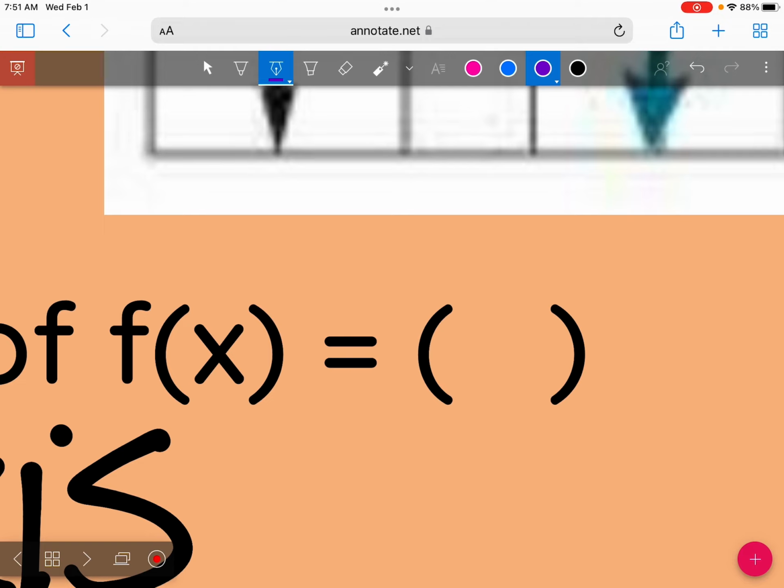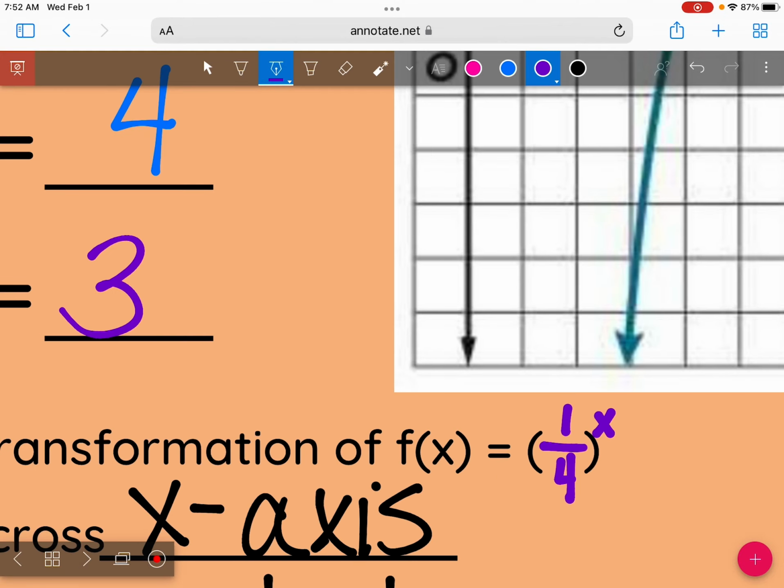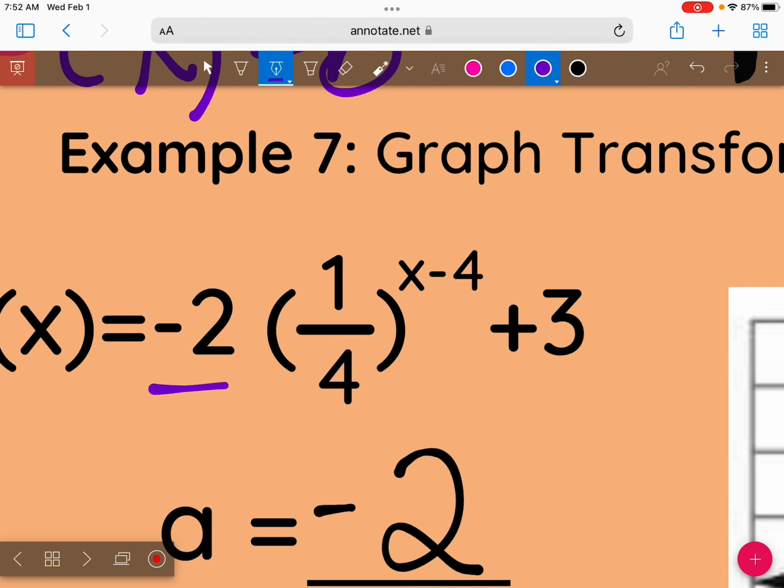Yeah, 1/4. 1/4 to the x is what we transformed from, okay? Does that make sense? The easy way to tell where our b is: we know that this is A, this is H, and this is K. There's only one number left to look at, and that's 1/4, okay? Everyone feeling okay about this?